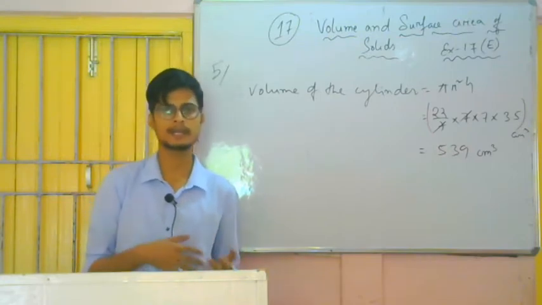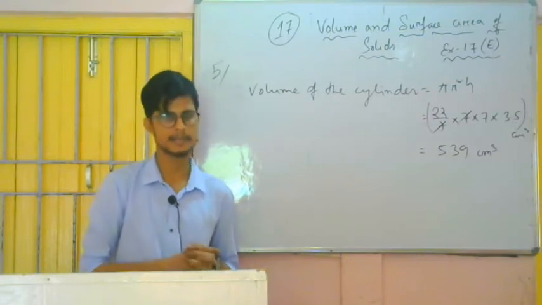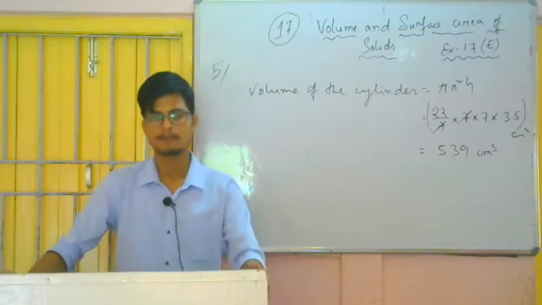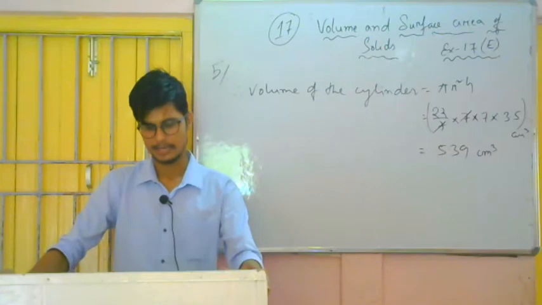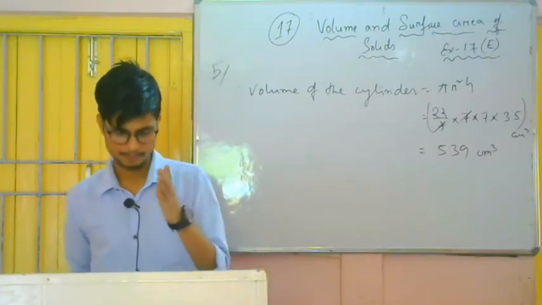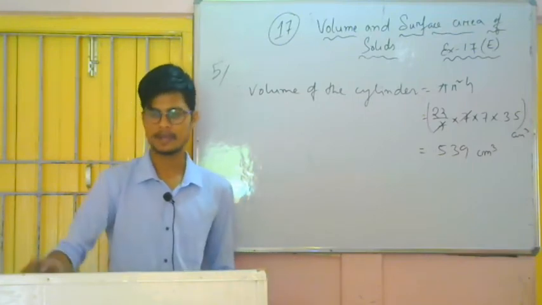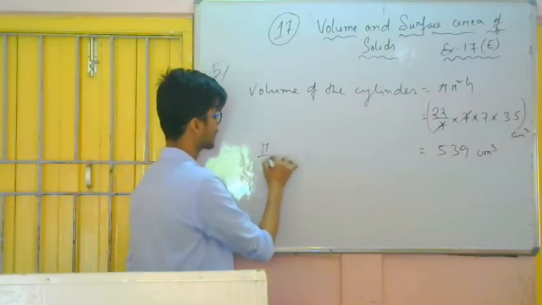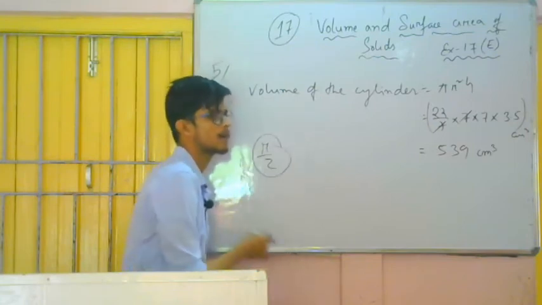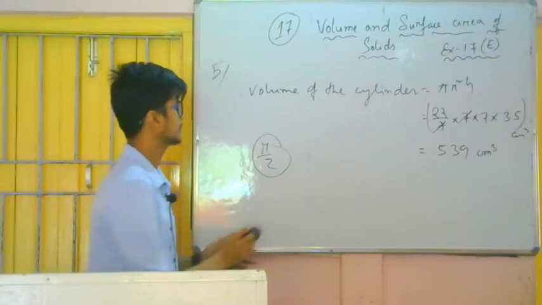If I take the radius as r and height as h, then the volume will be pi r square h. And in the next part it says that if I divide the radius into 2 equal, that means r by 2. By putting this one, I will find another volume, and then I have to find the ratio.